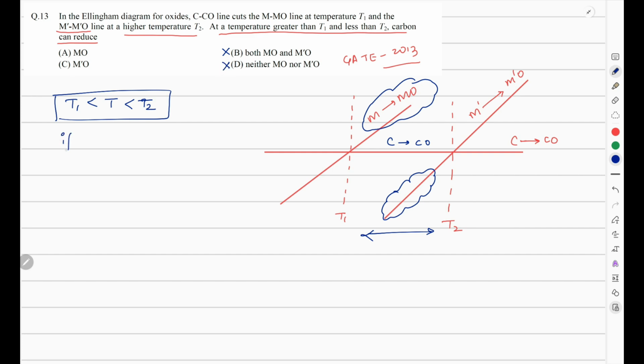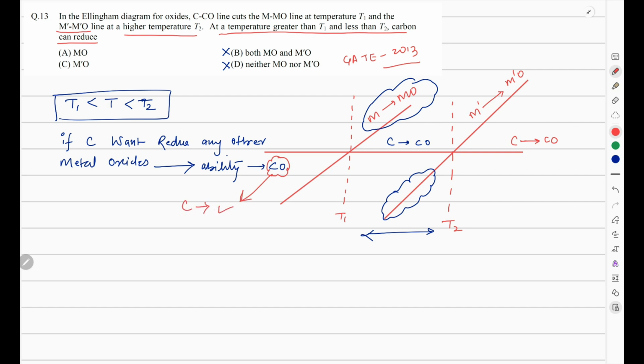Now if carbon wants to reduce any metal oxide, it should have the ability to form carbon monoxide, meaning this should be the stable phase. Then only carbon can reduce. In this case we can see that for only one case carbon monoxide is more stable, that is for MO.